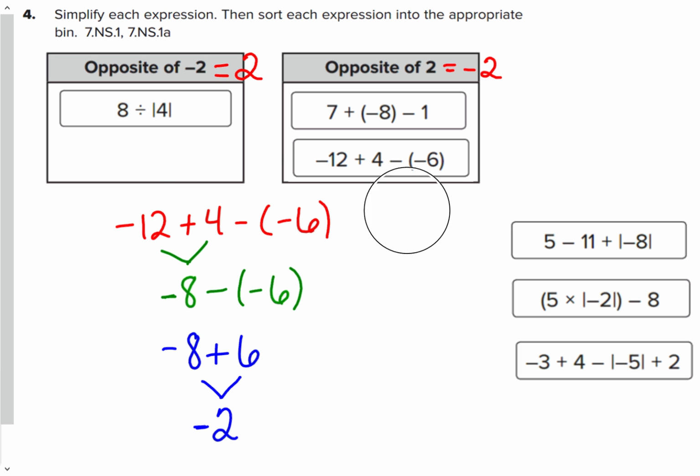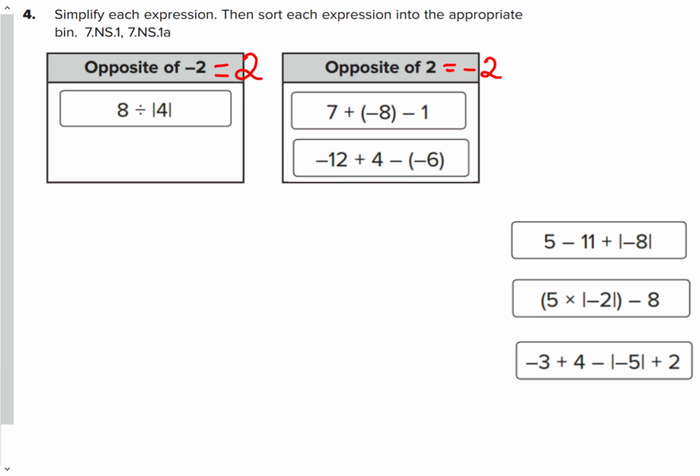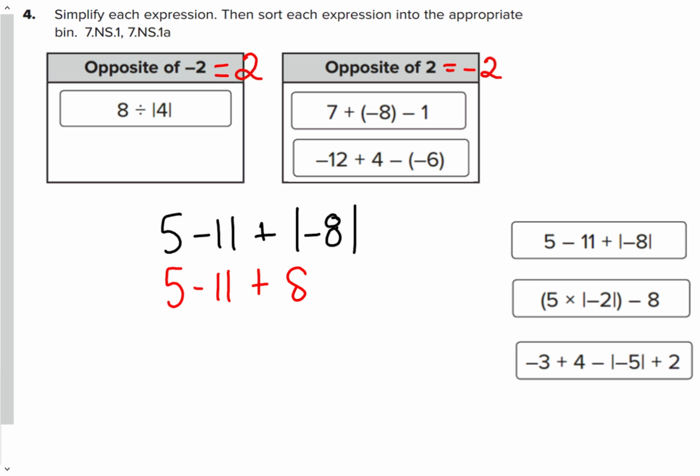All right, our next problem is 5 minus 11 plus the absolute value of -8. So I'm going to go ahead and evaluate the absolute value first. So I'm going to write down the rest of the problem. -8 is 8 units to the left of 0, so the absolute value is positive, it's going to be 8 units away from 0.